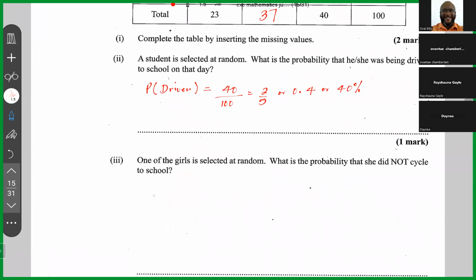So the probability of being a girl who did not cycle is equal to 34 out of 100, or 0.34, or 34%. So there's a 34% chance of being a girl who did not cycle to school.